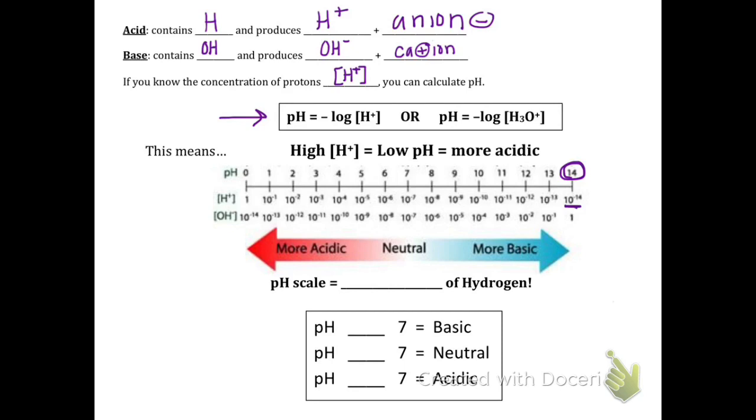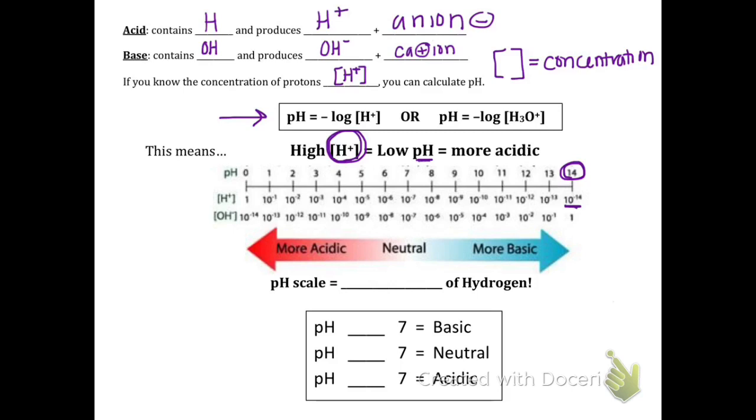So basically this is what it means. The more hydrogens that you have, the higher the concentration of hydrogen. A little side note: when you see brackets like this, it means concentration, and you learned this word in your solutions unit. You're going to have a low pH.